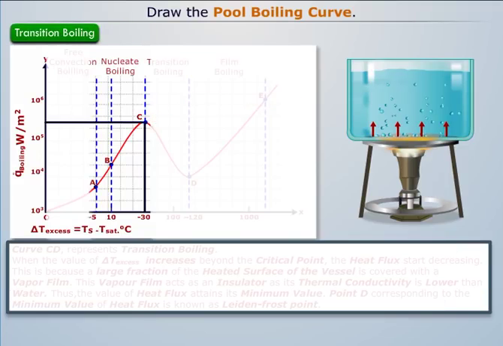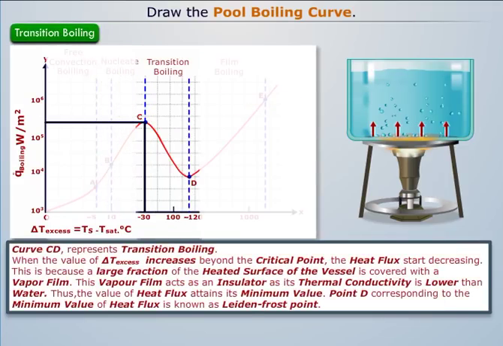Curve CD represents transition boiling. When delta T excess increases beyond the critical point, we see that the heat flux starts decreasing. This is because a large fraction of the heated surface of the vessel is covered with a vapor film.